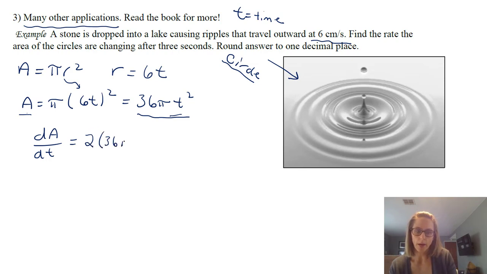I have my 36 pi, which is just a constant. The derivative of t squared is 2t, but I'm still going to have my constant there, it's not gone. And so that's just 72 pi times t.